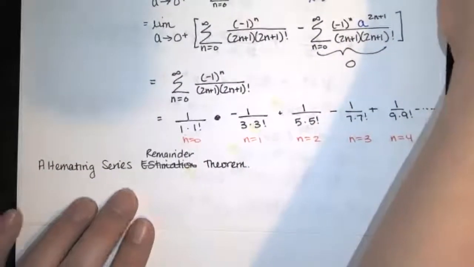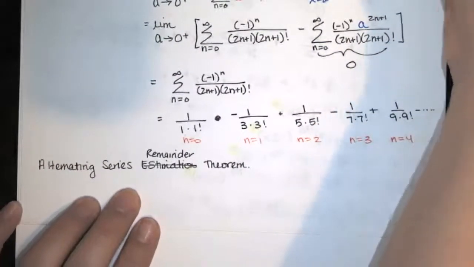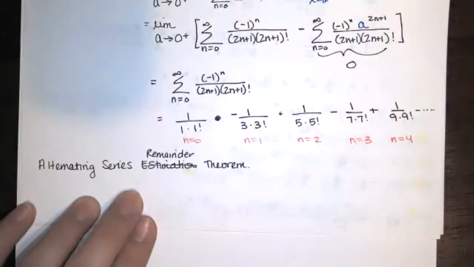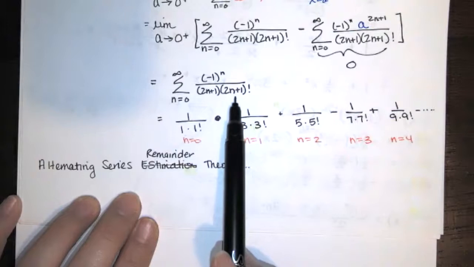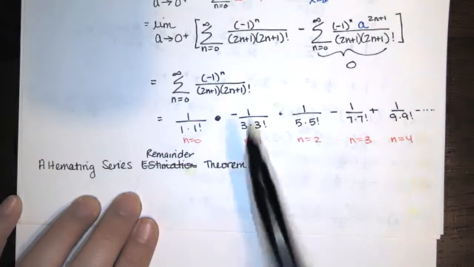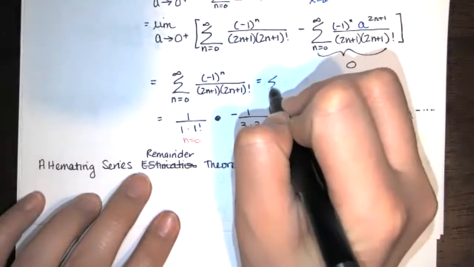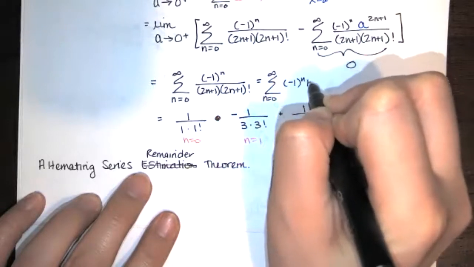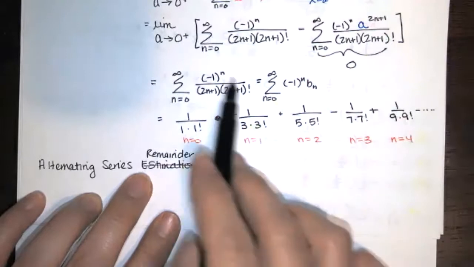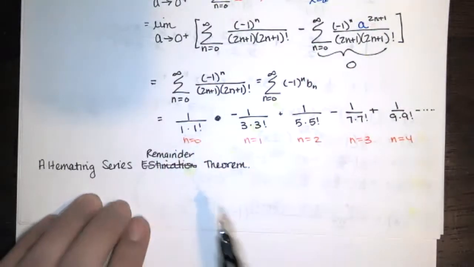So it says, if we have a convergent alternating series that satisfies the condition that the n+1th coefficient of this here is less than or equal to the nth coefficient. So this is where we're thinking of this as the sum as n goes from 0 to infinity of -1 to the n times b sub n, where b sub n is the absolute value of this term.